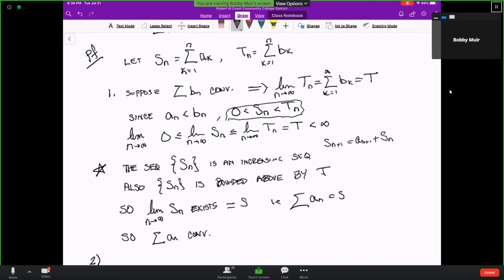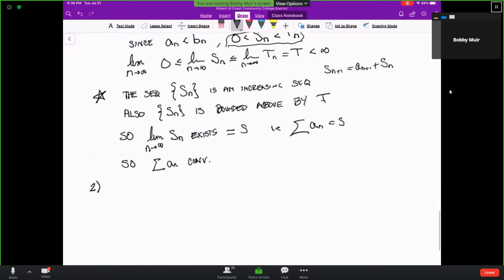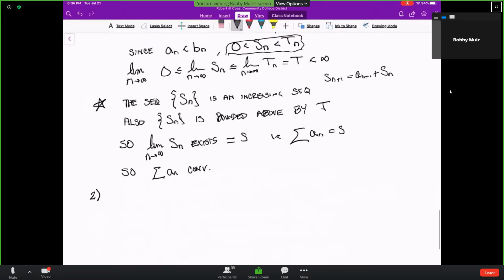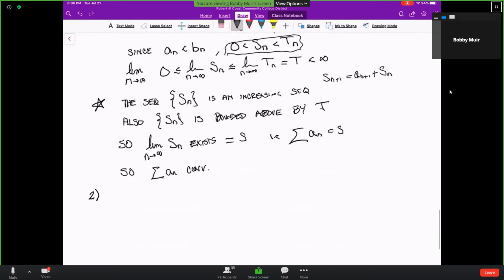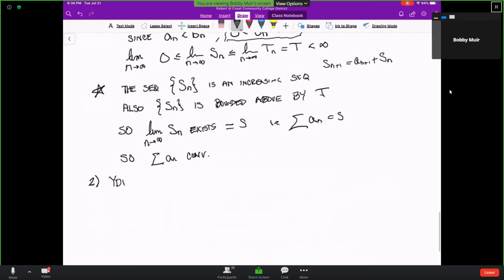So that Tn has no choice but to go to infinity, therefore it diverges. So that's me talking through it. What I would want you to do is try to write it out, and then maybe we can find a way that I can look at it just to see if you're doing it right. So for number 2, you do it.